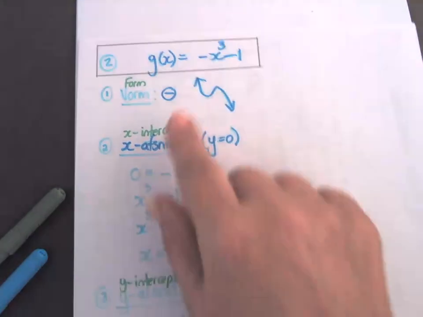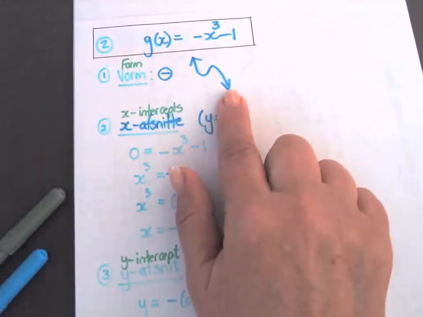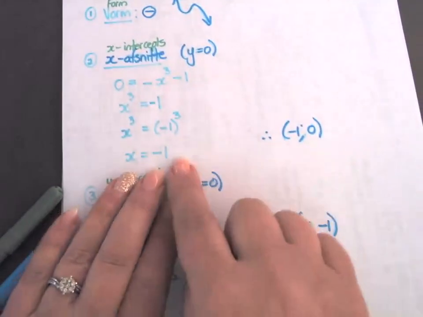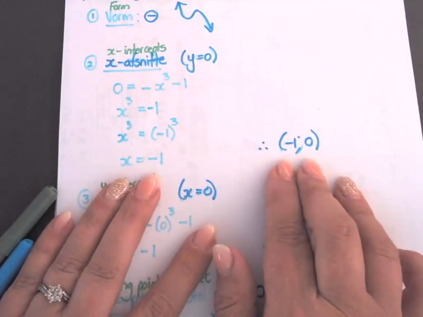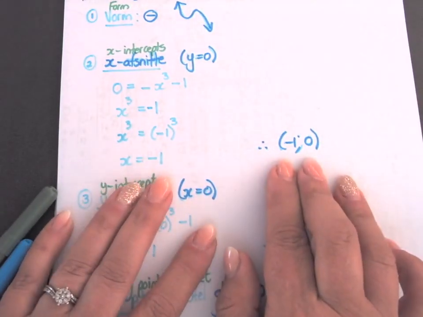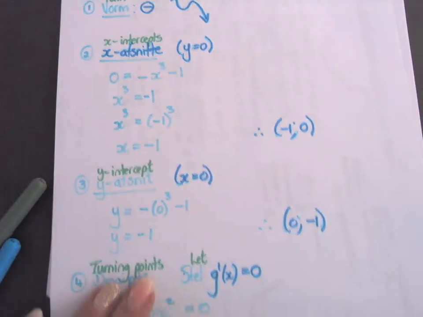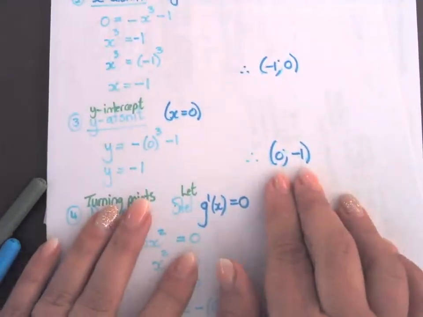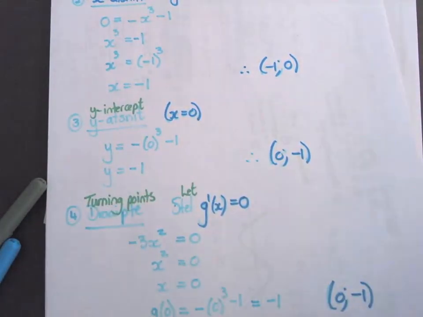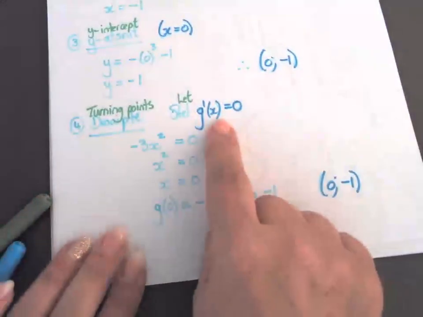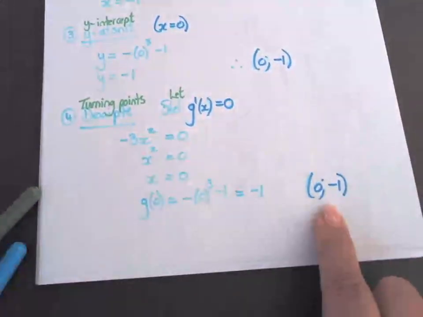Okay. The form is negative, so it's a down and frown. The x-intercept, when you make y 0, you will get negative 1 and 0. So there's only one x-intercept. The y-intercept is where you make x 0, you'll get a negative 1. The turning point is the first derivative set to 0, and you get 0, minus 1.